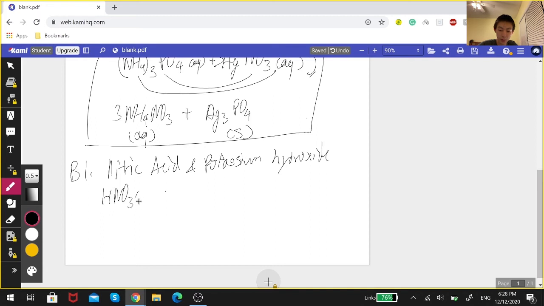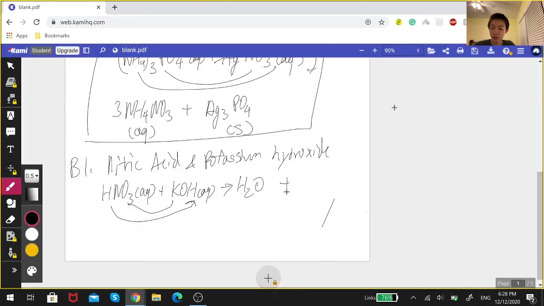HNO3 aqueous, plus potassium hydroxide, KOH, aqueous. That makes the outsides come together. OH will come with the H, which forms H2O, 2H and 1O, and the K and the NO3 will come together: KNO3. Everything is balanced.